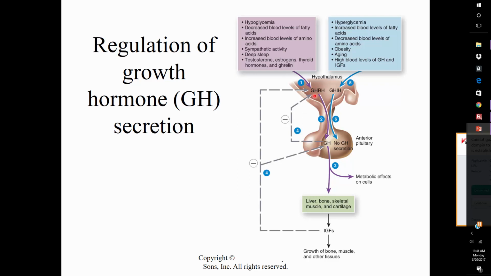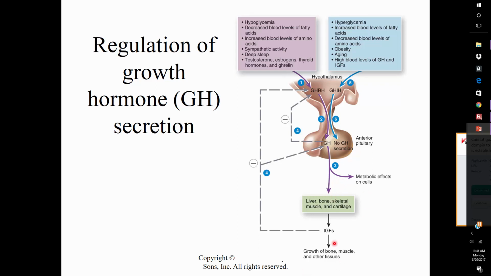Now, on the flip side, if you have high glucose and high fat, if you have low levels of amino acids, as we get older, if you have high levels of growth hormone and IGFs, those will stimulate growth hormone inhibiting hormone, will turn off growth hormone release, and will decrease the metabolic effects and decrease levels of IGF.